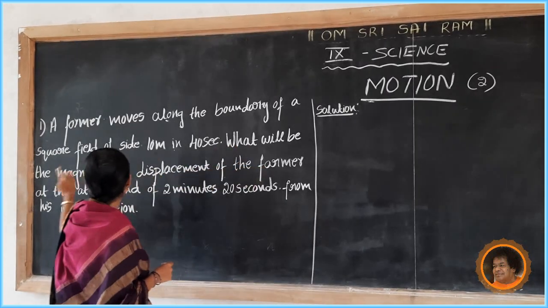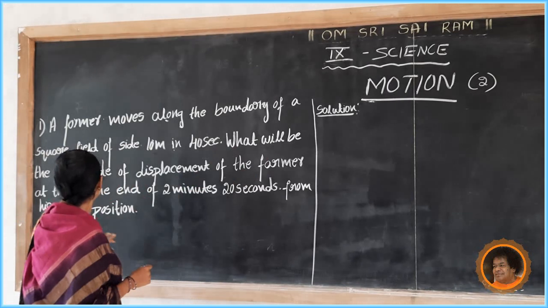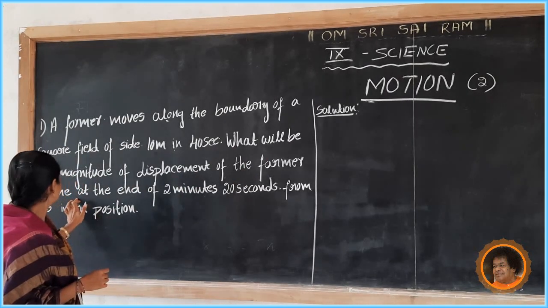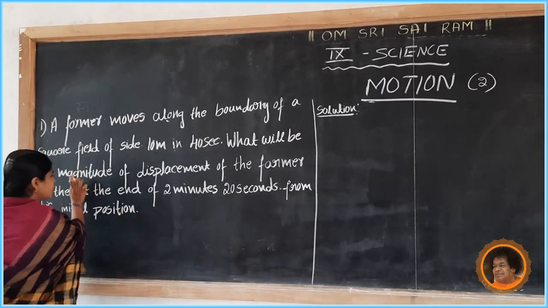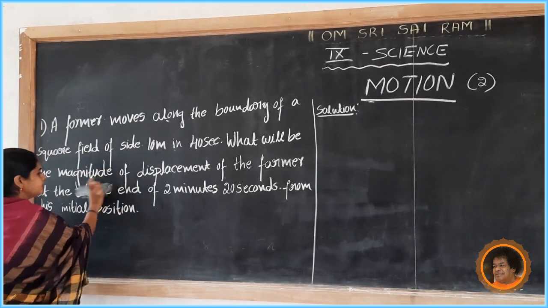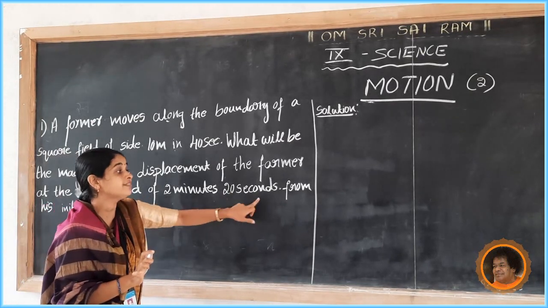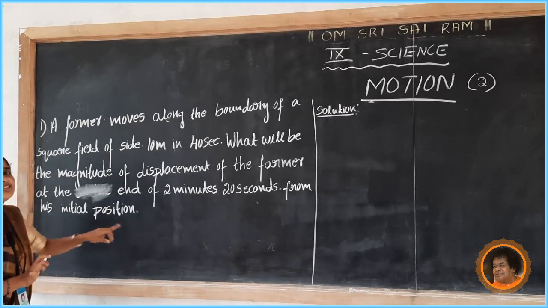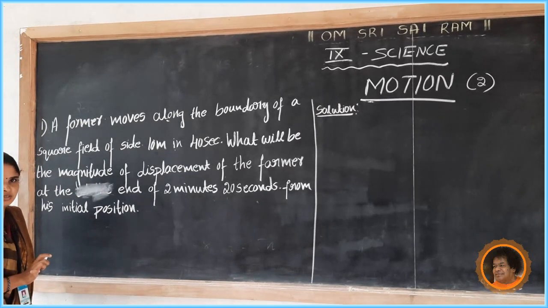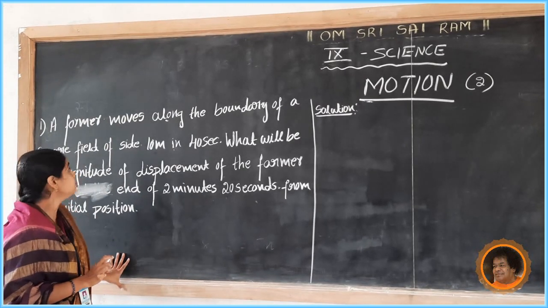What will be the magnitude of displacement of the farmer at the end of 2 minutes 20 seconds from his initial position? Again, read this problem.